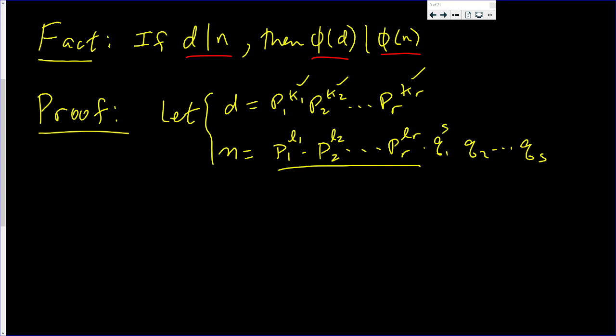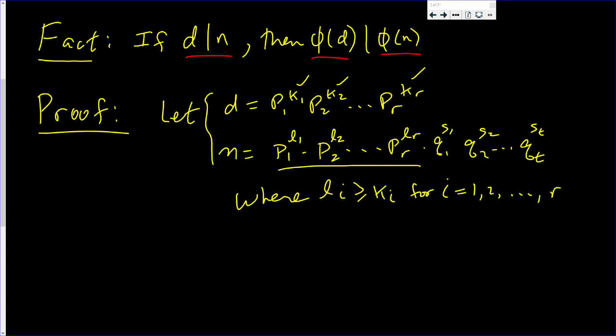Maybe here we have Q1, Q2, all the way up to Q sub T, and then S1 up to S sub T, where Li is bigger than or equal to Ki, for i equal 1, 2, up to R.